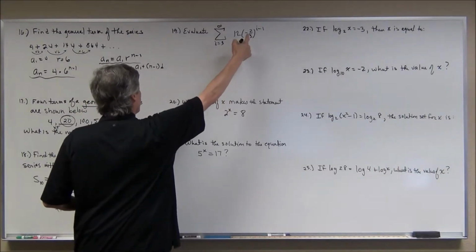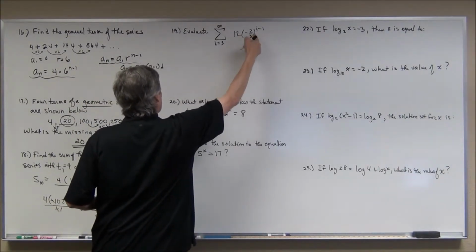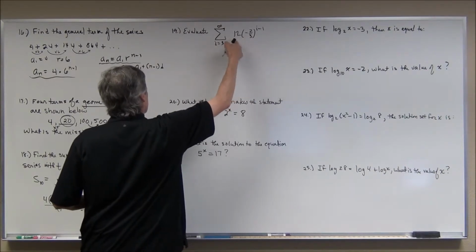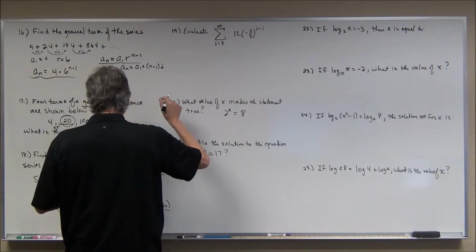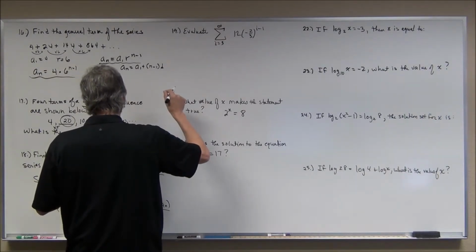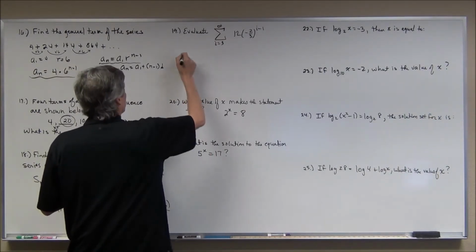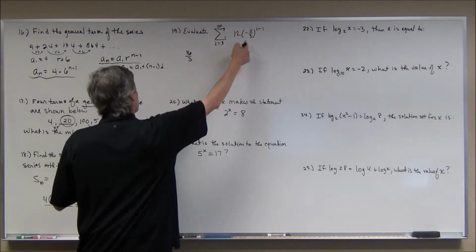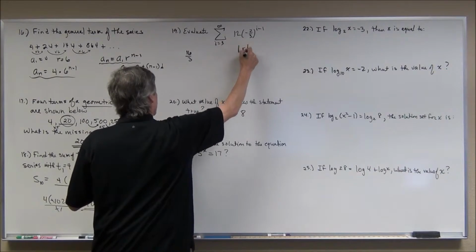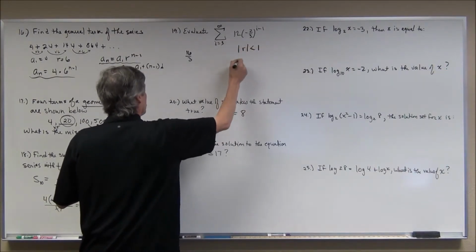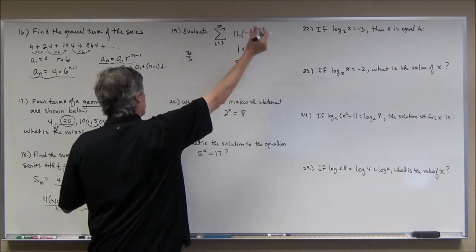So if I plug 3 in here, 3 minus 1 is 2 squared, 4 ninths. That's 4 ninths times 12. I think I did this already. This turns out to be 16/3. And since I have a ratio here of negative 2/3, the absolute value of my ratio is less than 1. I can use this formula to find the sum of all these terms.